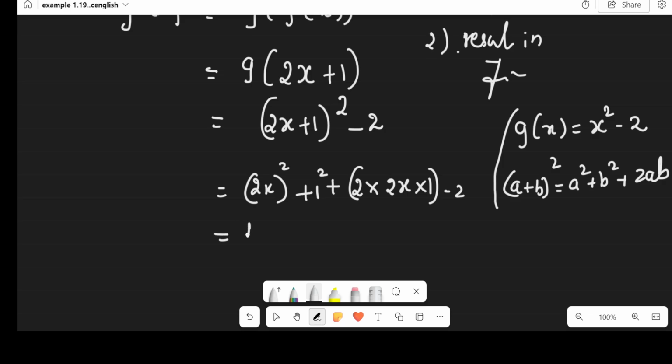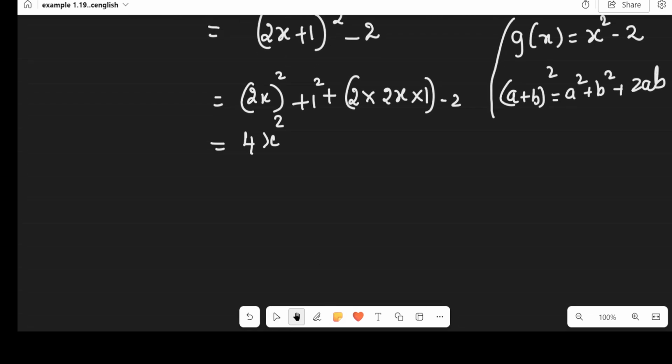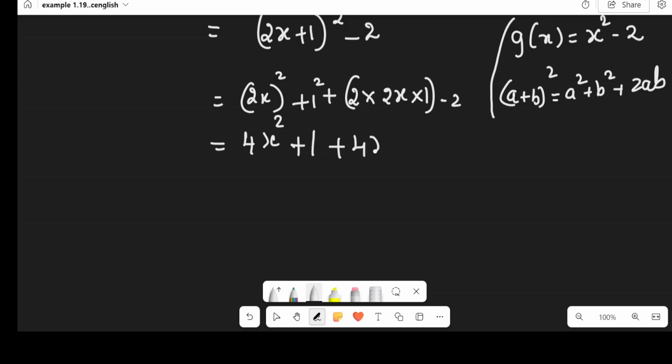Here 2 square means 4x square, then 1 square means plus 1, plus 2 into 2x into 1, which is 4x, minus 2.